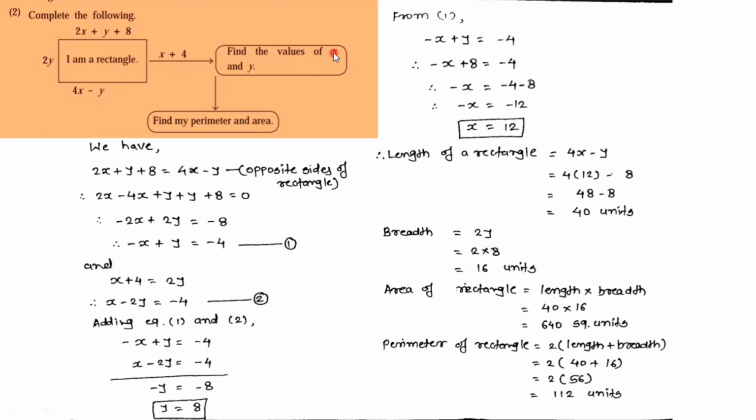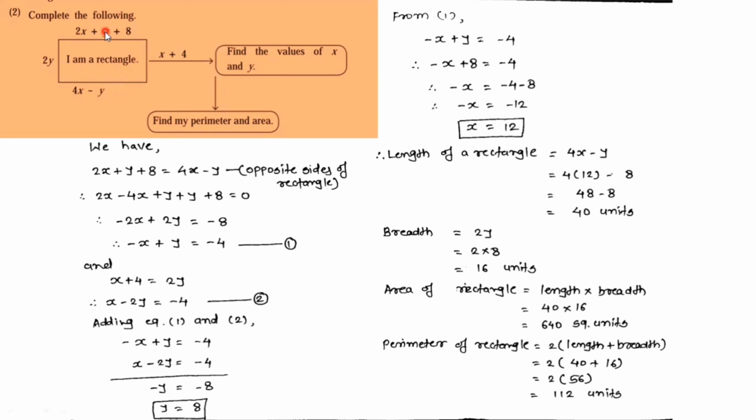From this we have to find the values of the two variables involved, and from this we have to find the perimeter and area of this rectangle. Now to start with, the rectangle is given, that's why the opposite sides of a rectangle are congruent.